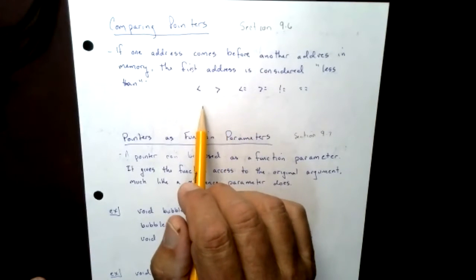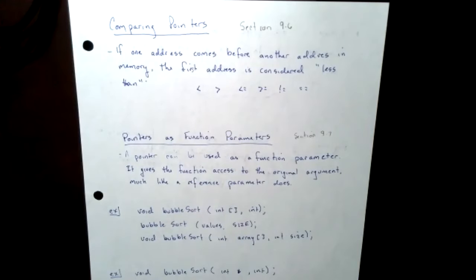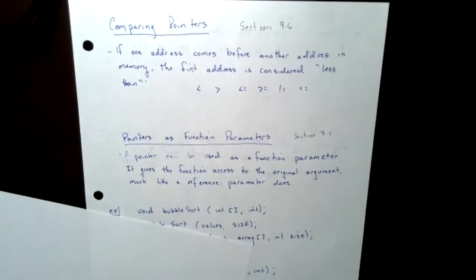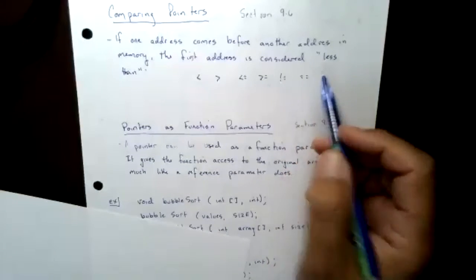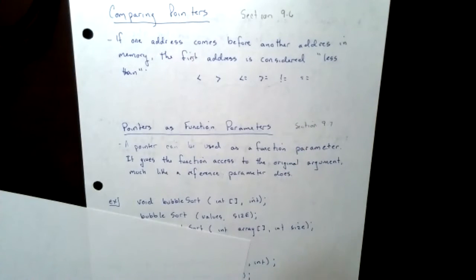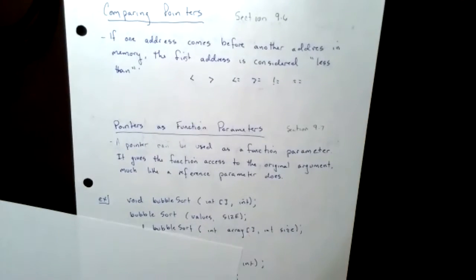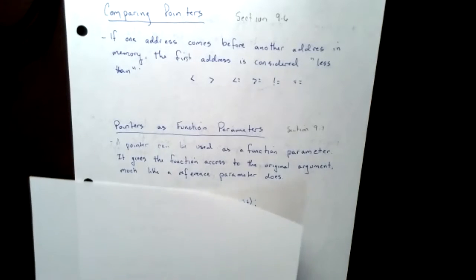So I would be able to check to see if addresses are less than, greater than, any of the 6 relational operators. Again, I've never done it. One of the things that might come into play is to see if they're equal, because you're not sure if you mess something up somewhere along the line, but otherwise you won't really use them so much.